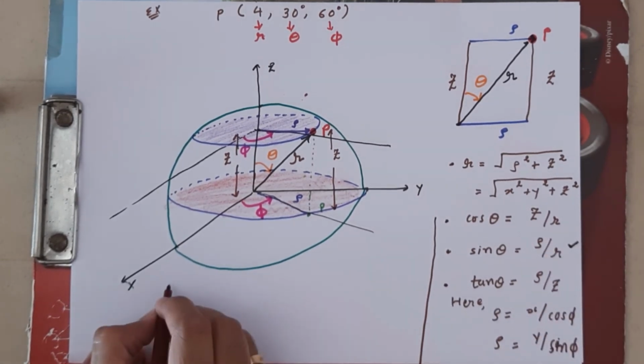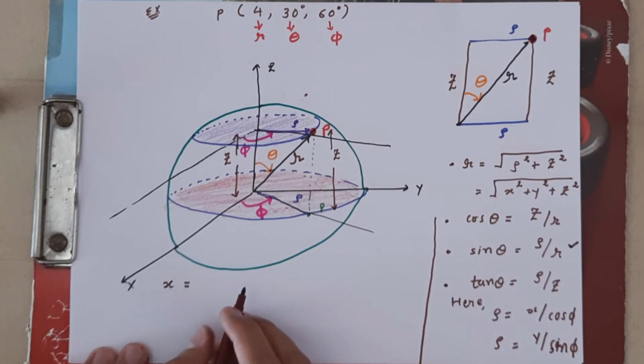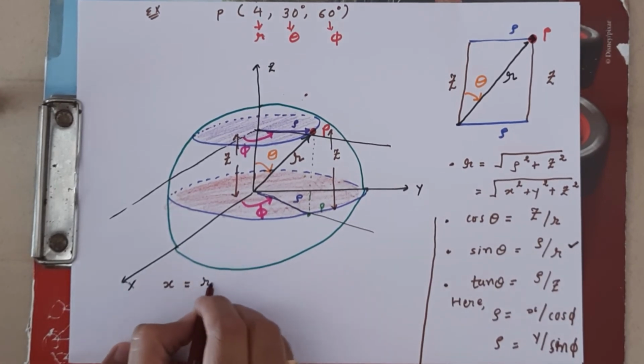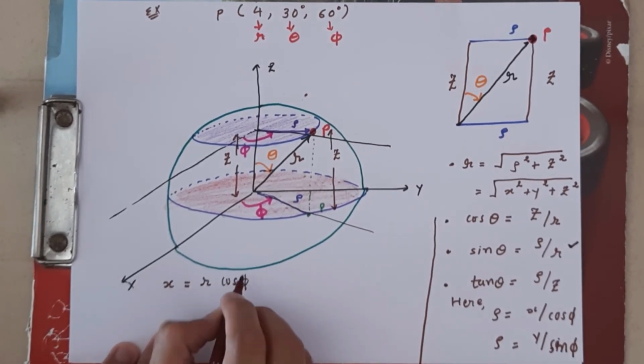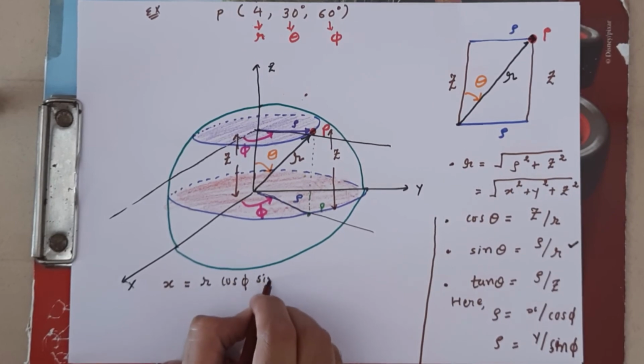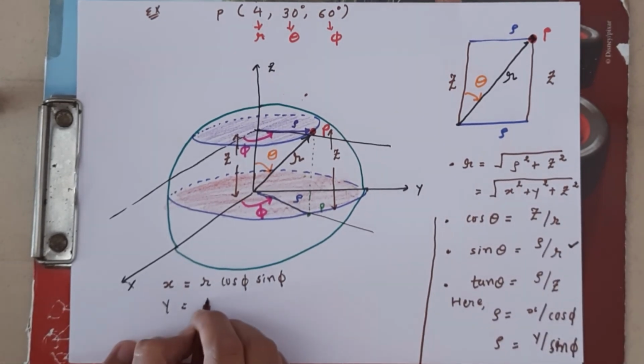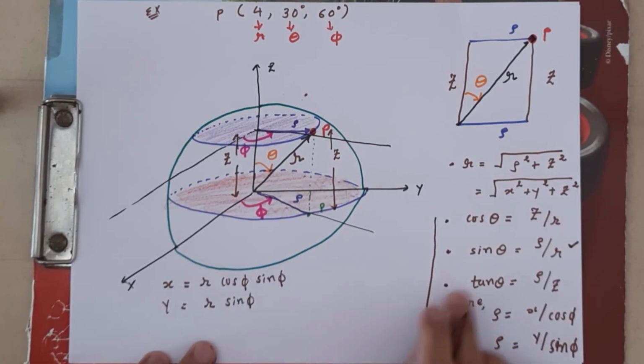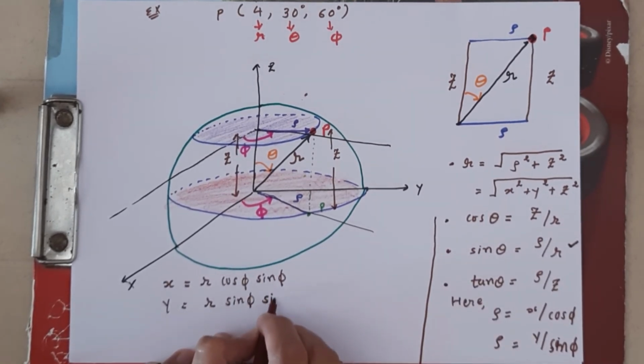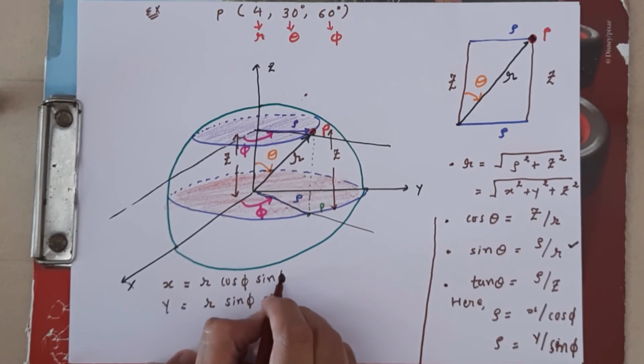So what is x? x is equal to r cos phi sin theta. Next, put rho is equal to y by sin phi. So y is equal to r sin phi sin theta. This one is theta.